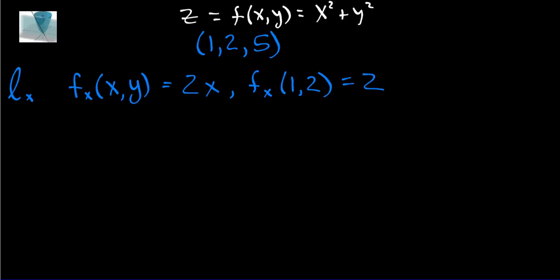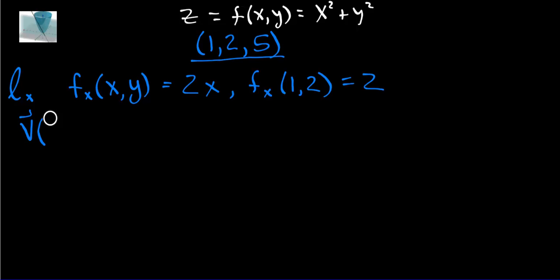So to write an equation for a tangent, what we need is a vector parallel to that tangent, and we also need a point. Well, we've got the point right here. And here's what we can do.